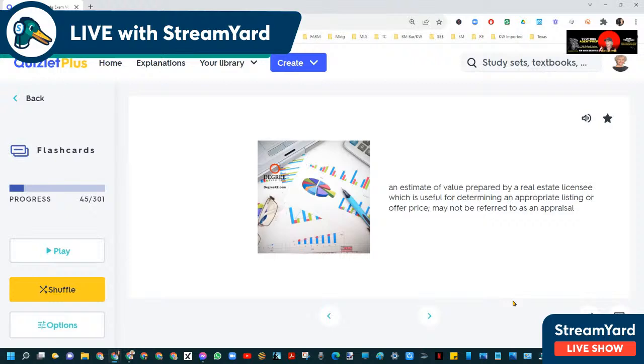All right. An estimate of value prepared by real estate licensee, which is useful for determining an appropriate listing or offer price, may not be referred to as an appraisal. Okay, so we are realtors.